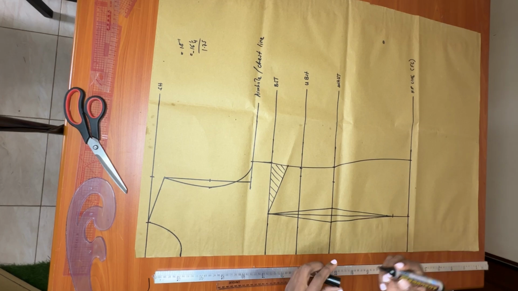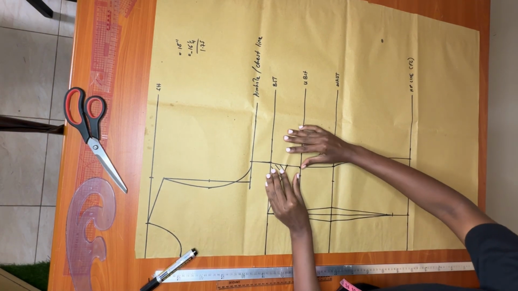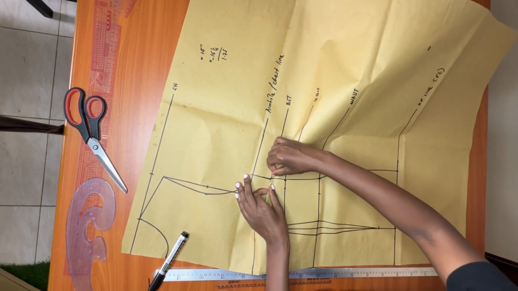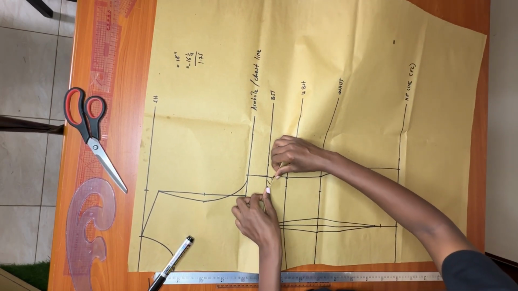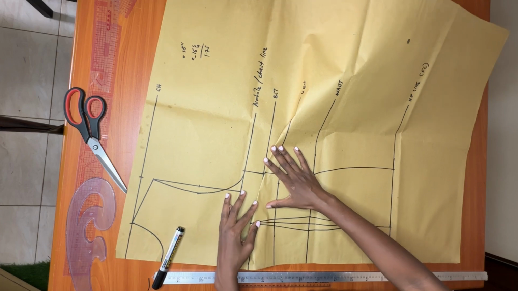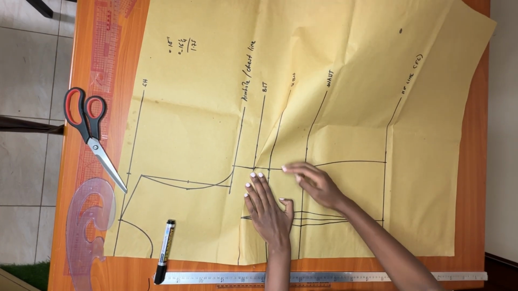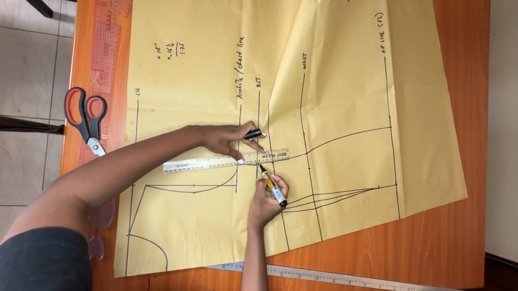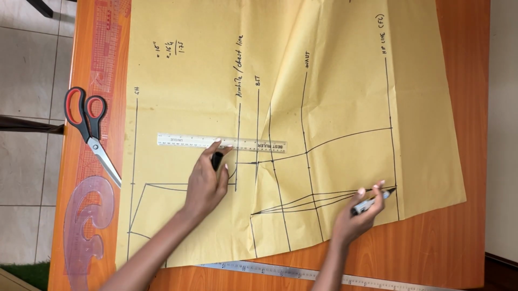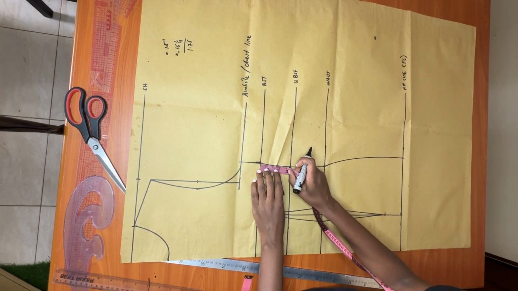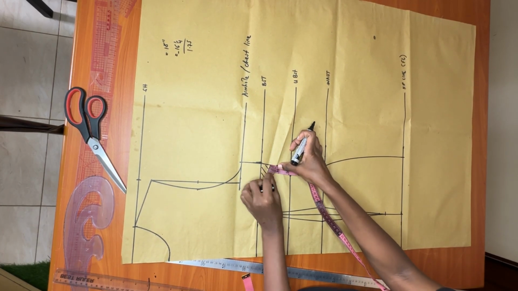So we're going to make sure that the side of the pattern aligns after we have joined the dart. So we're just going to do that and make sure that the sides align. Mine is aligning for the most part, but in case yours doesn't align properly, you just have to connect it with a line. We shall then come to the center of that dart, and then we shall mark the midpoint.